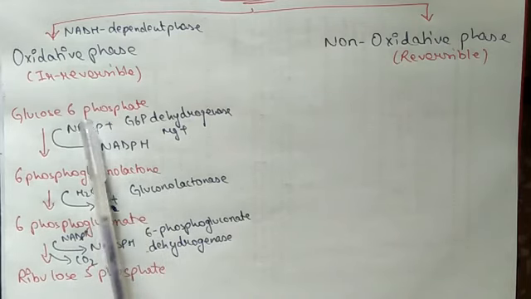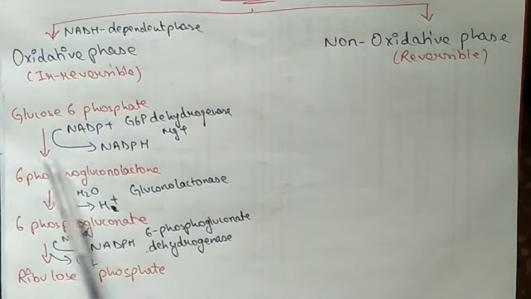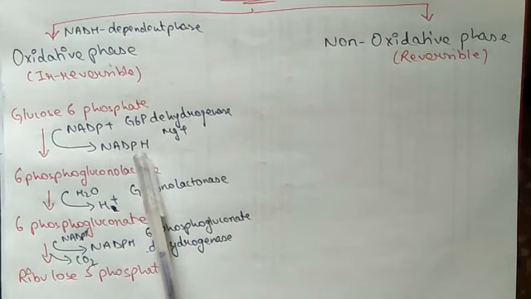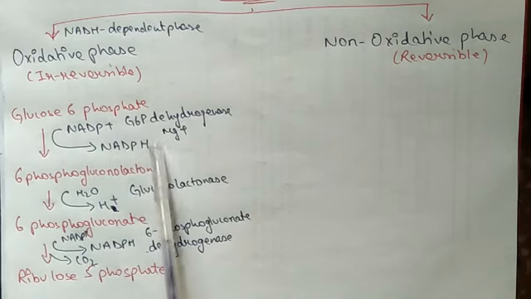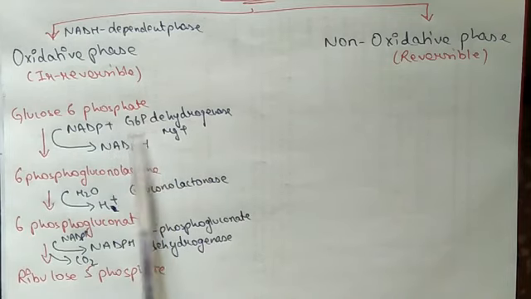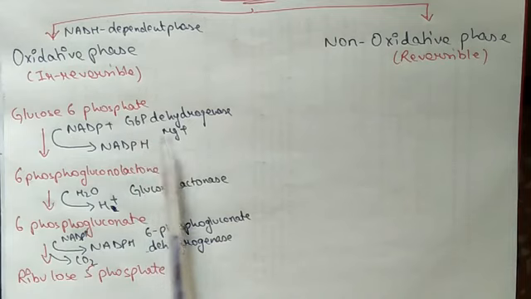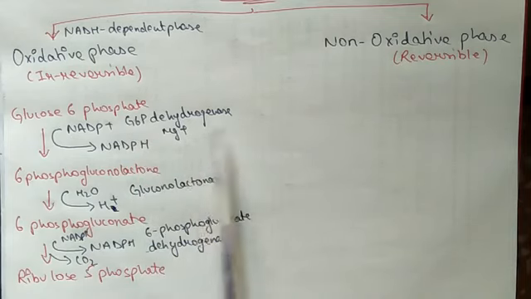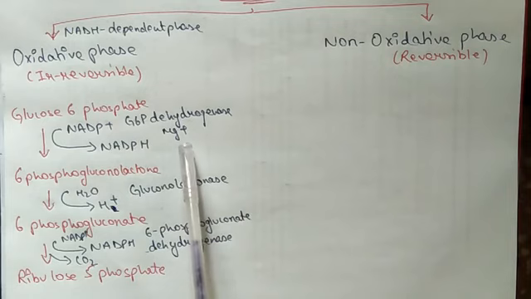Here NADP plus gets converted into NADPH, which we require, and the enzyme used is glucose 6-phosphate dehydrogenase, with magnesium.